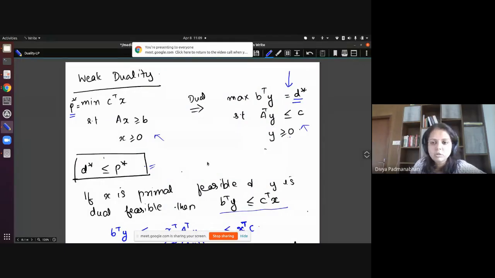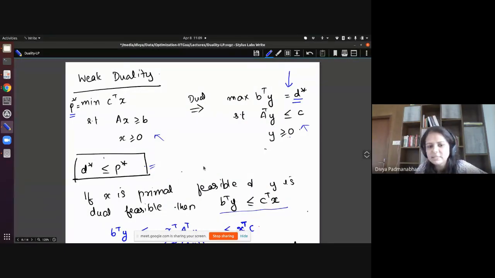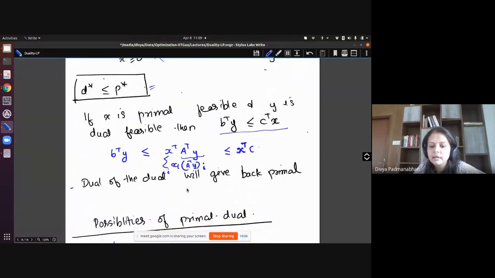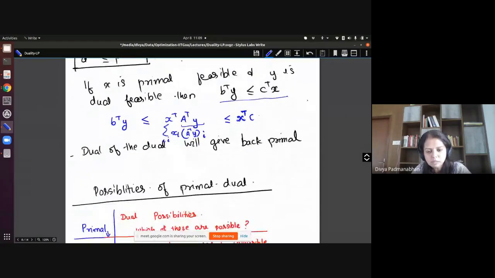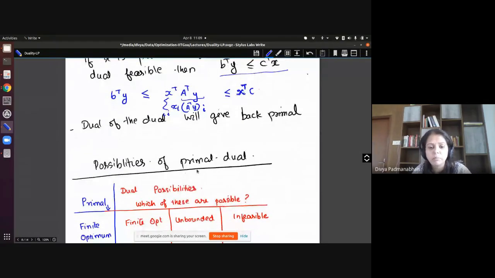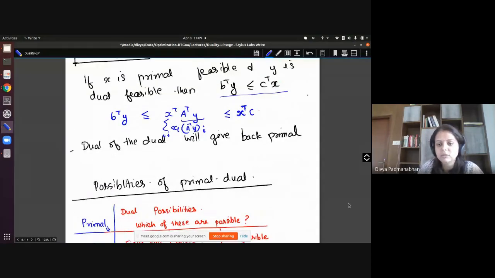Anyway, coming to weak duality, it's a simple statement based on how we constructed the dual. Based on this, there are various possibilities. What the weak duality theorem said is that, on this number line, the minimum value is p star.